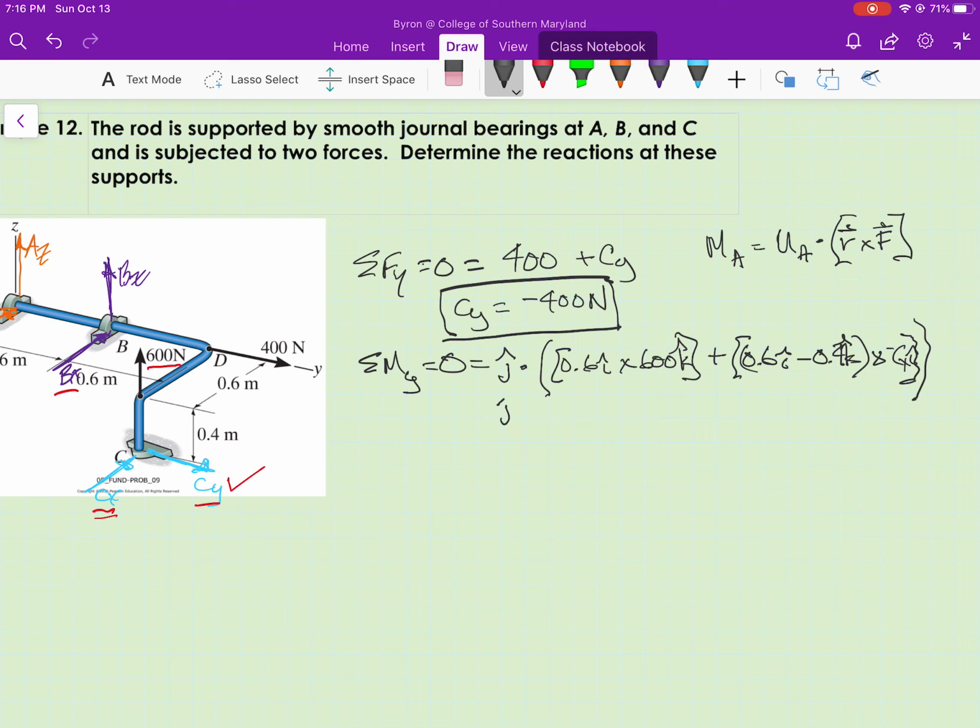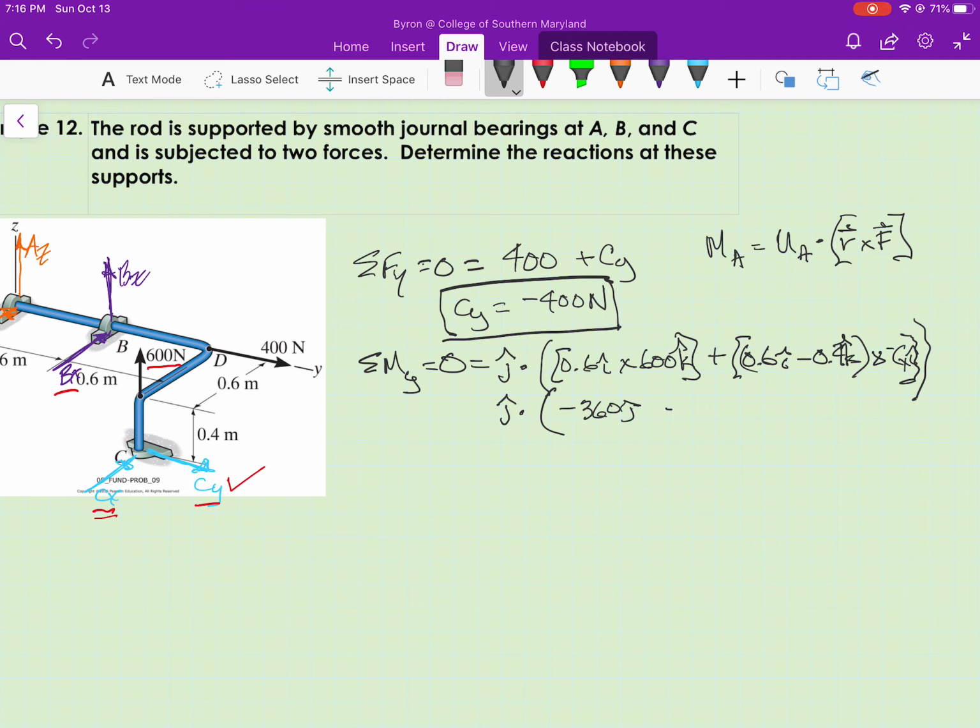So I'm going to have j dot 0.6i times 600k. i cross k is negative j, and 0.6 times 600 is 360, so it's a negative 360j.